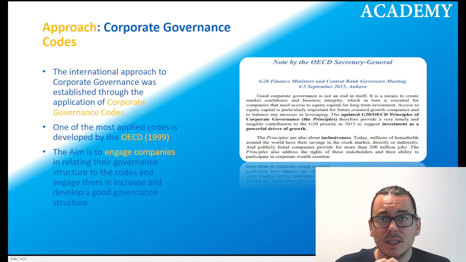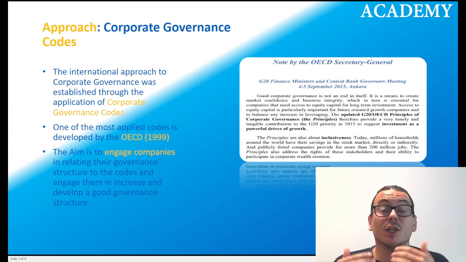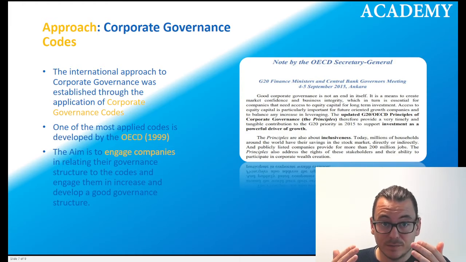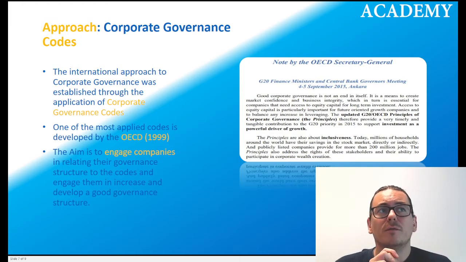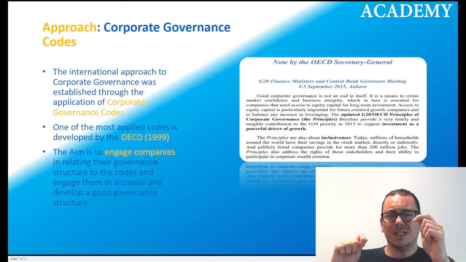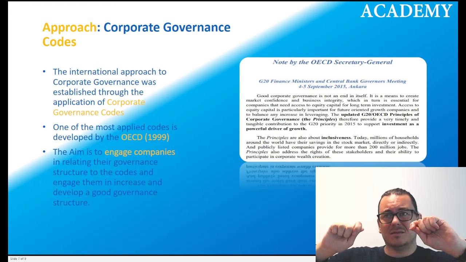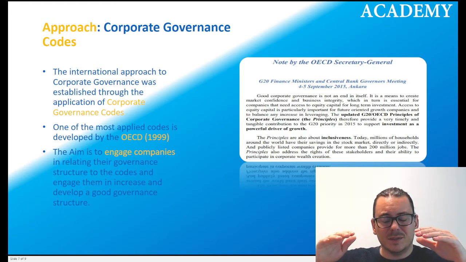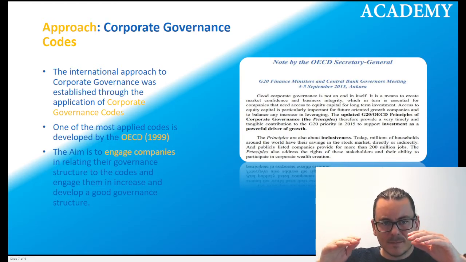And we can see through a lot of research that corporate governance and good corporate governance matters. But how do we force a certain behavior without going into details and controlling corporations? Because we cannot do that.